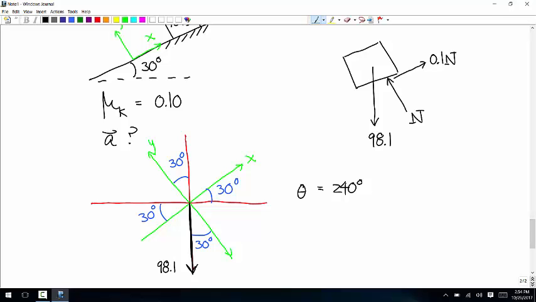And so the weight force vector, I'll call it mg vector, is equal to 98.1 times the cosine of 240, 98.1 times the sine of 240.